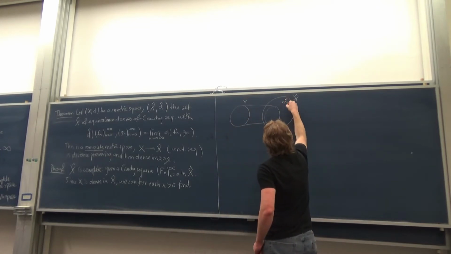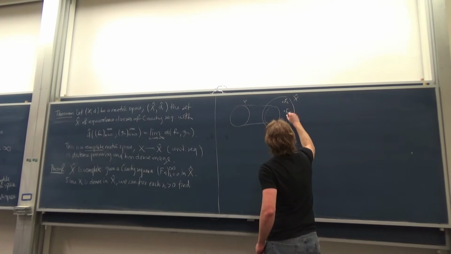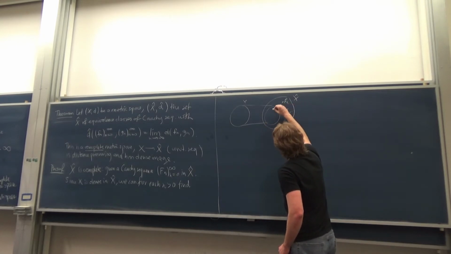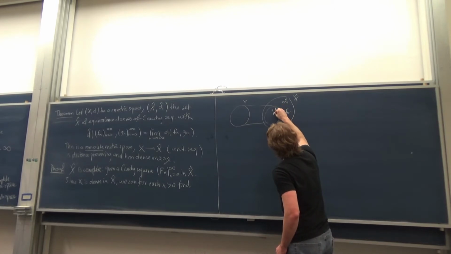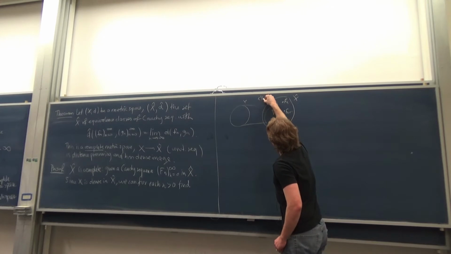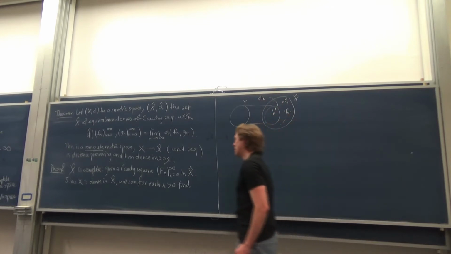All right, so there's the sequence in X hat. It's Cauchy. I'm going to pick whatever, Qn, some element like that.